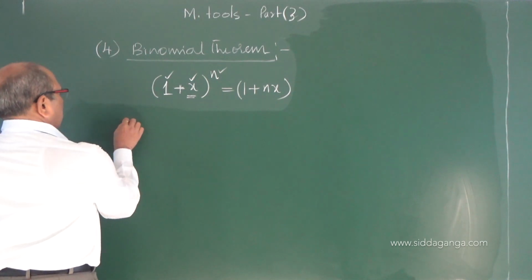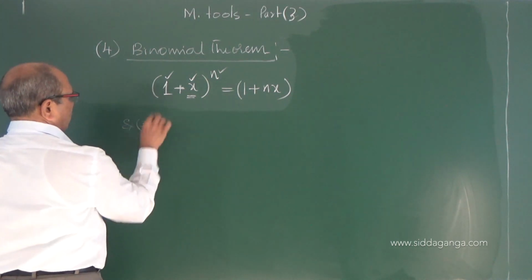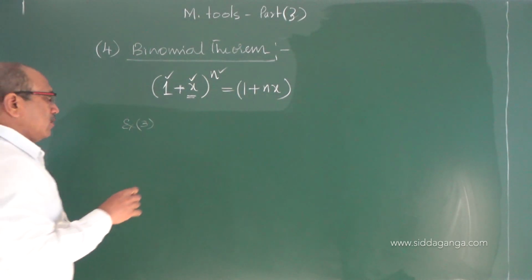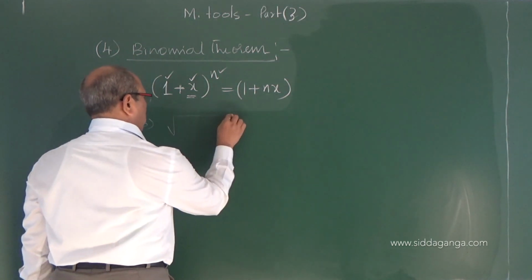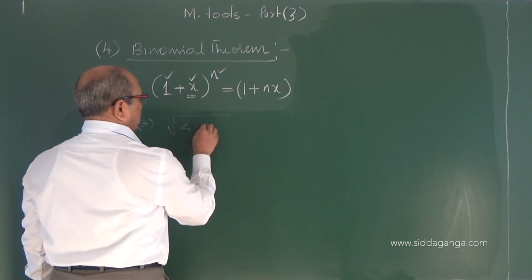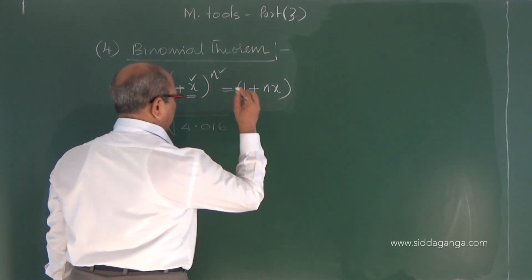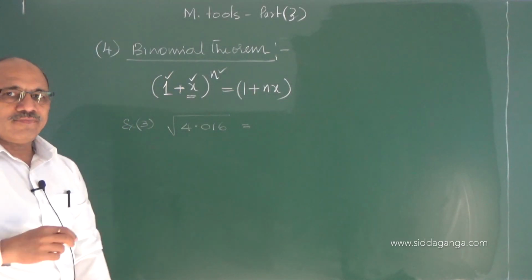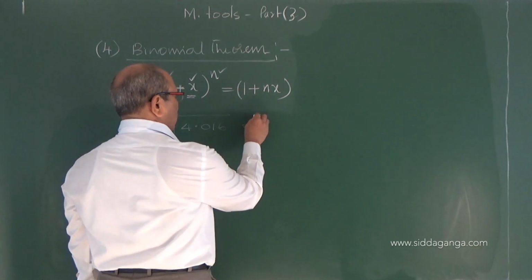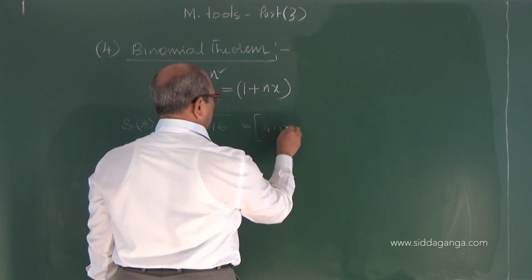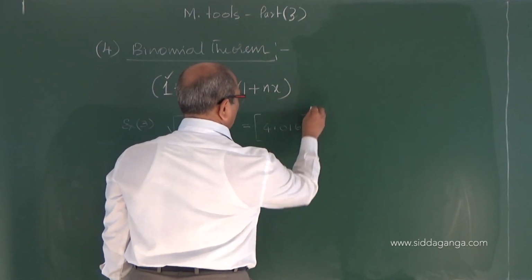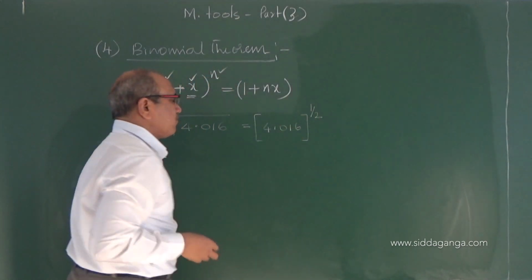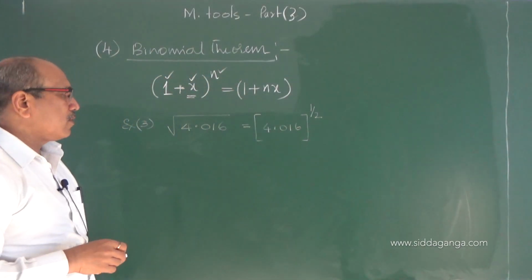So let us take another example, example 3. Find the square root of 4.016. No doubt this can be written as 4.016 to the power of half, right?